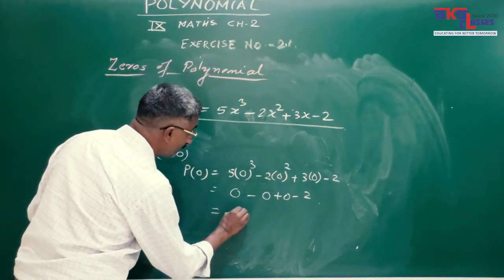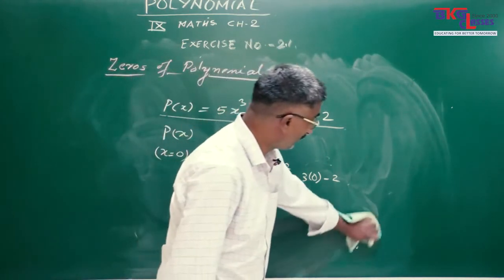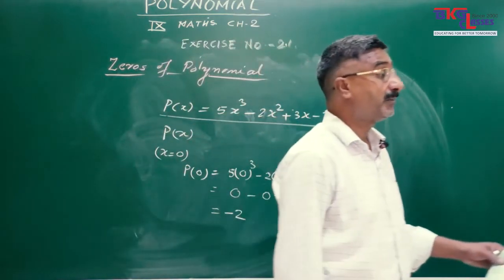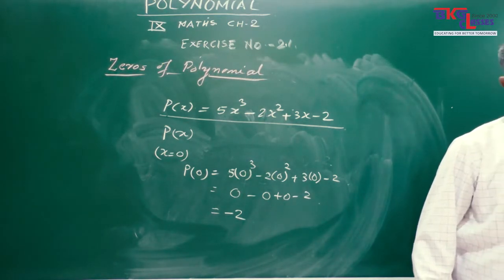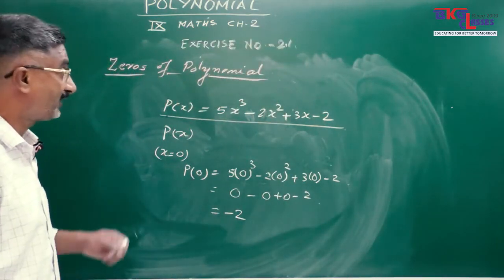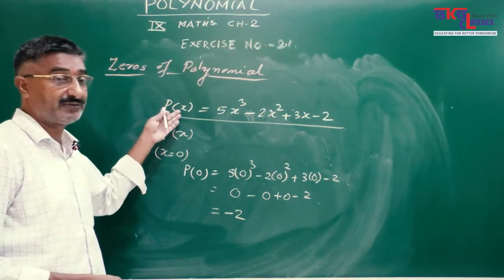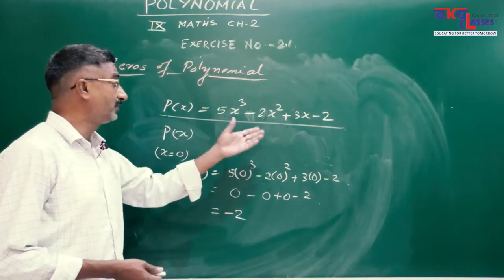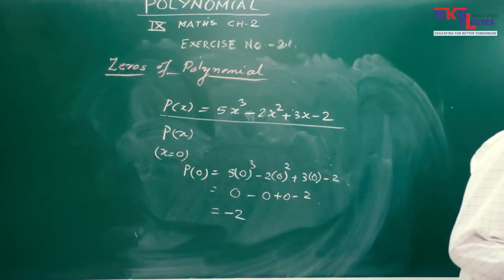So, this is equal to −2. So, we can find also x = −1, x = −5, x = 3, x = 15, any value of x, because this is a variable, you can substitute any integer and then you can find out the values for that. So, this is the way of finding out.